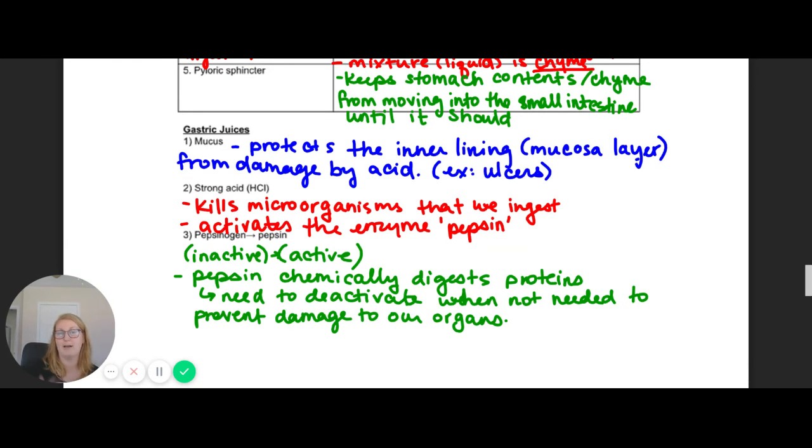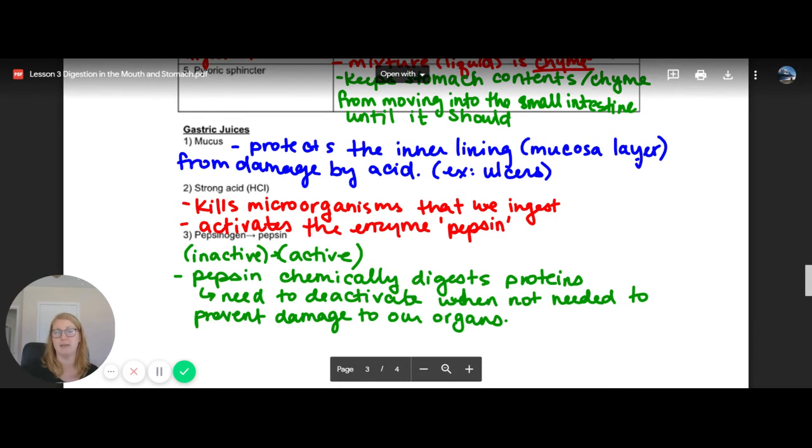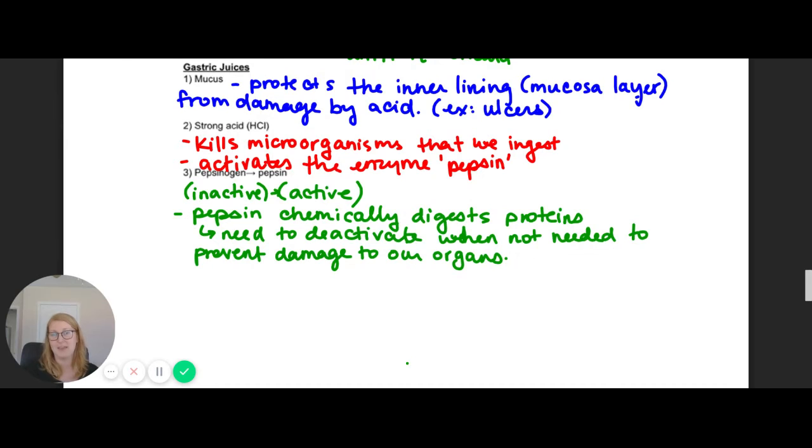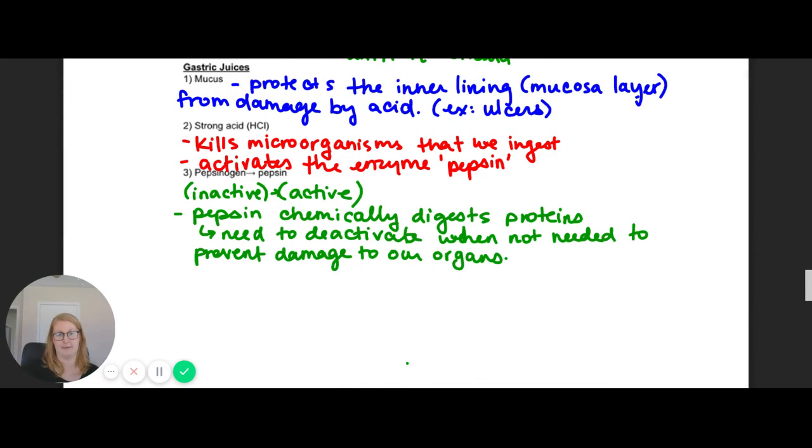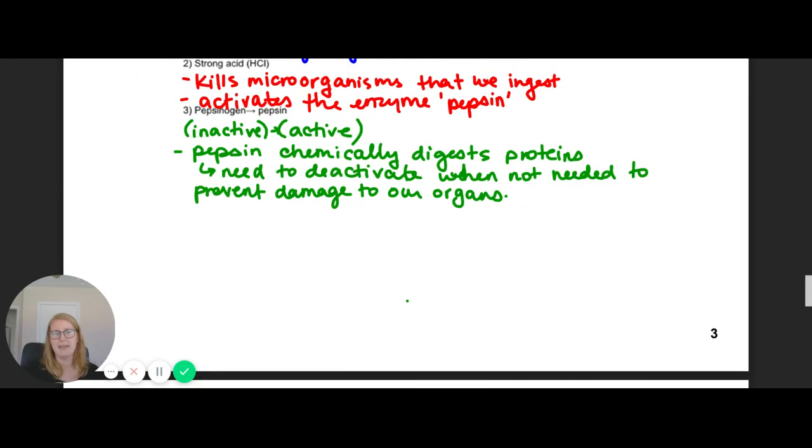Strong acid will make a low pH. And what that does is activate an enzyme called pepsin. So pepsinogen is the inactive form of that enzyme. If you make it acidic, you lower the pH, you make that inactive enzyme into an active pepsin. And pepsin's job is to chemically digest protein.